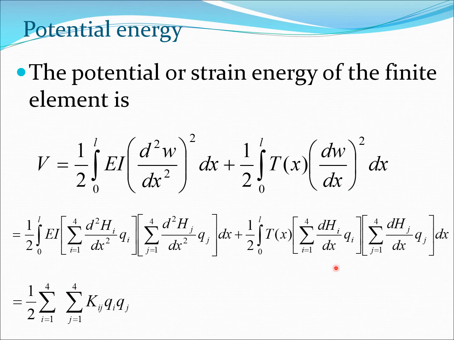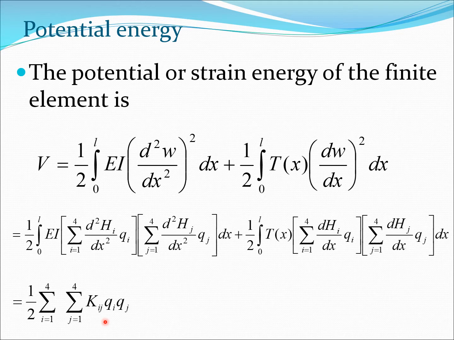Okay, so now I get this big expression here, but we can simplify this enormously by realizing that you essentially have coefficients of qi and qj. So you can see that if I take qi and qj out, I can express this as a summation and I can put all these terms together and I can constitute the elements of the stiffness matrix.